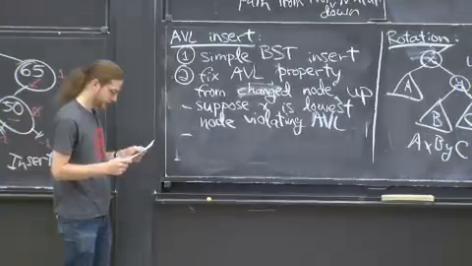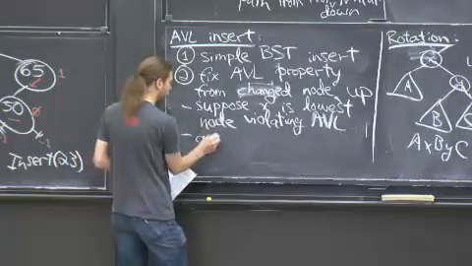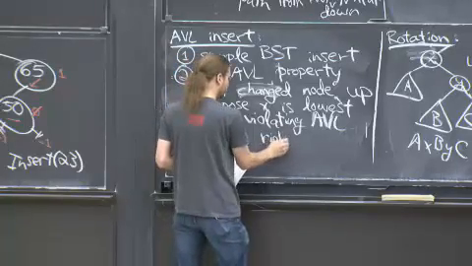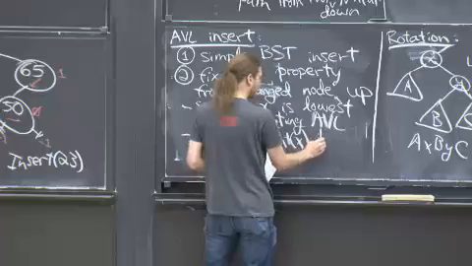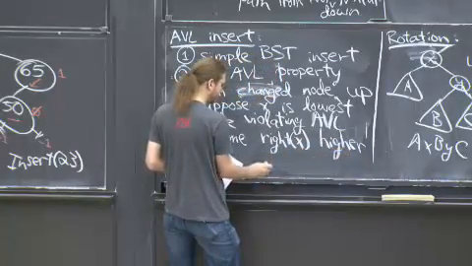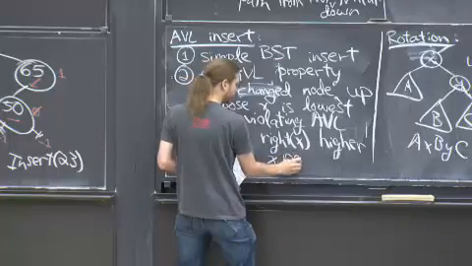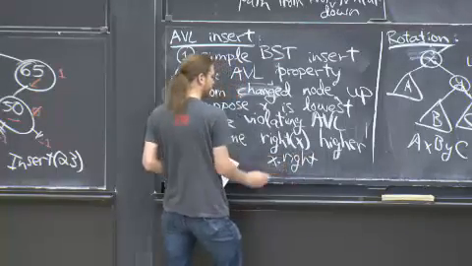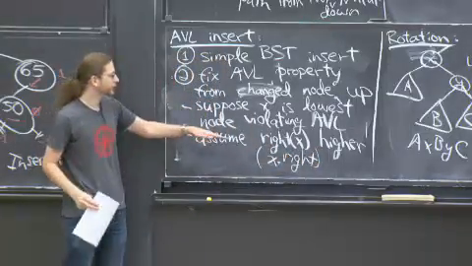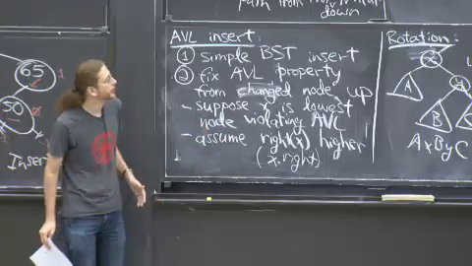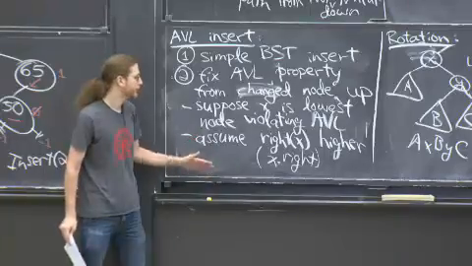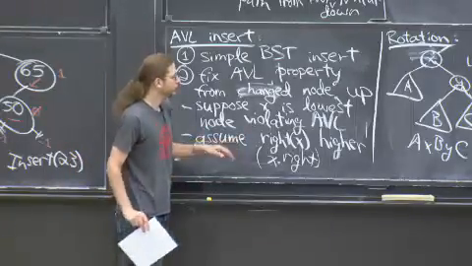I think I want a symmetry assumption here. I don't know why I wrote right of x. I guess in modern days we write x dot right, but same thing. I'm going to assume that the right child is the heavier one, like we did before. Could be the left. It's symmetric. It doesn't matter.